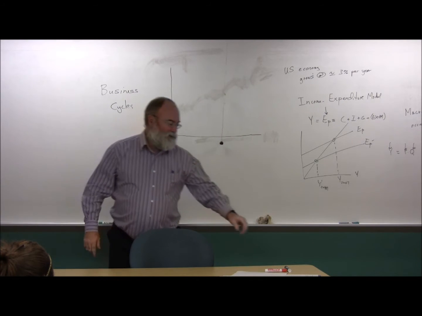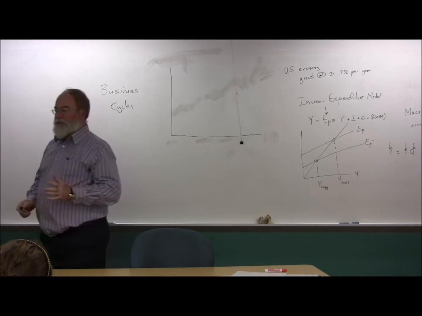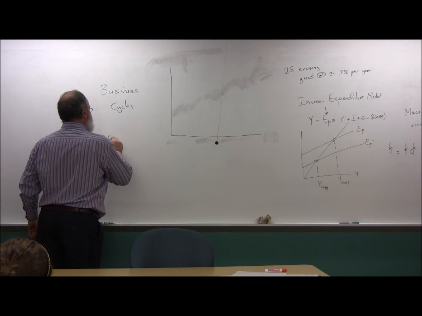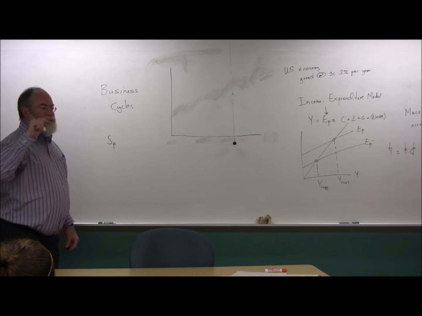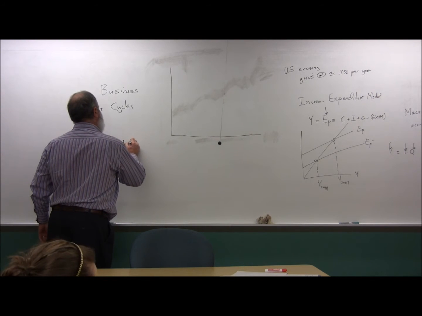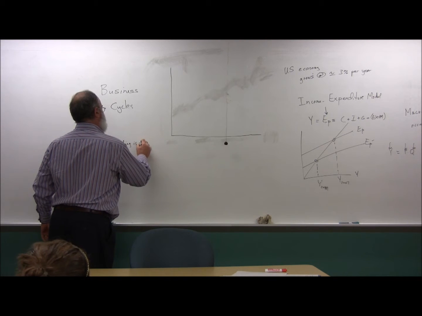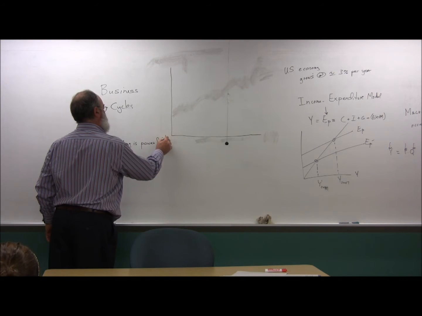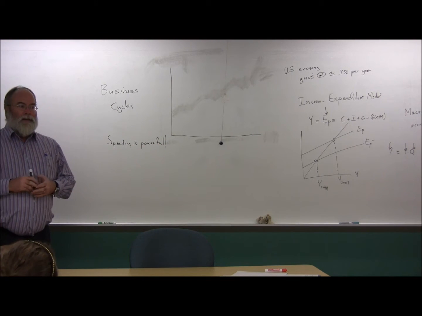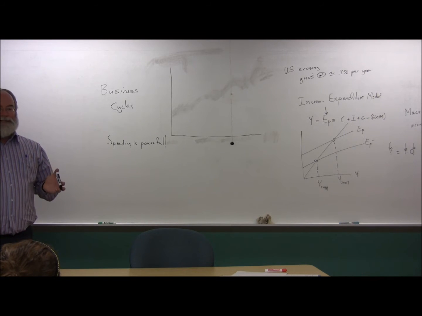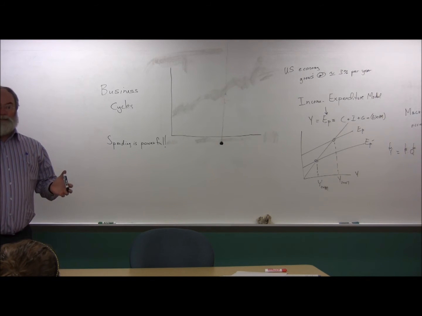One of the findings, one of the details of this model, but an important detail, is the following. Not only is spending central to the story, but also spending is powerful. Okay? What I mean by that is a dollar's increase in spending causes more than a dollar's increase in GDP.